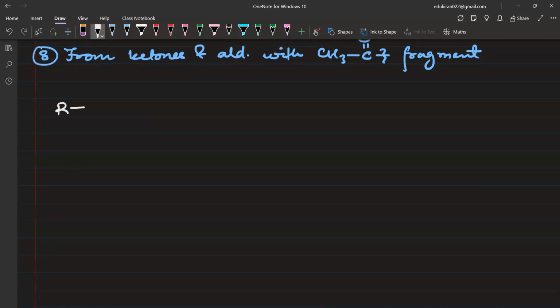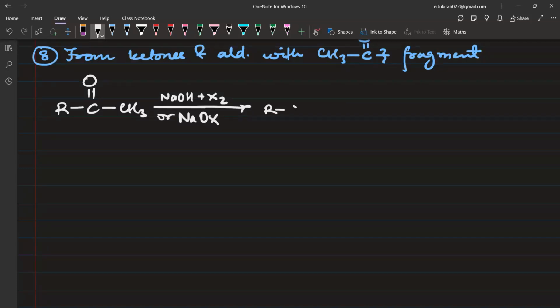If you have R, C double bond O, and you have here CH3, then what will happen in the presence of NaOH plus any halogen, or you can also write NaOX, sodium hypohalite.